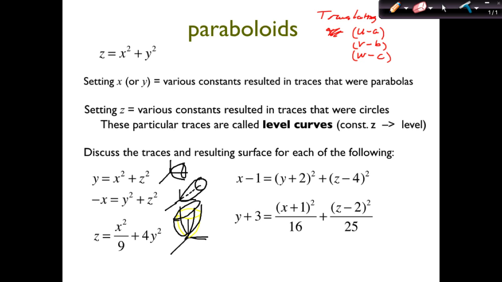Last one, what's the vertex of that one? -1, -3, 2 will be the vertex. It will open in what direction? To the right. And it'll be stretched, right? 4 times in the x direction.